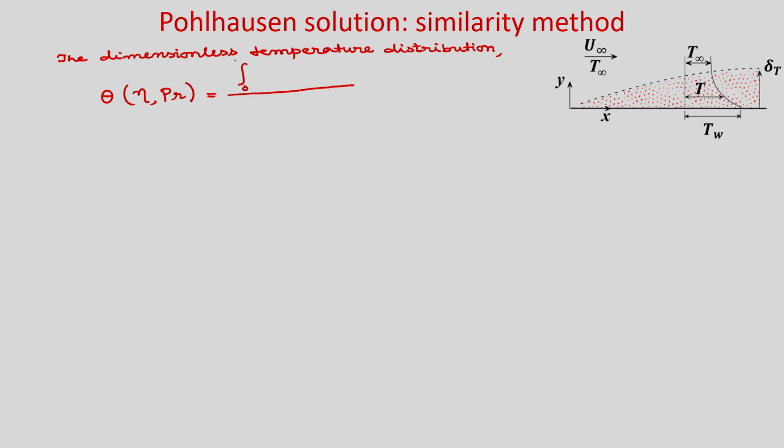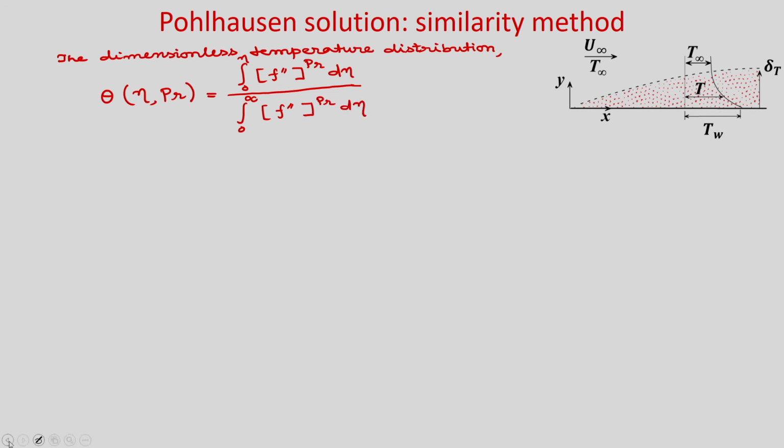integral 0 to eta f double prime to the power Prandtl number d eta divided by integral 0 to infinity f double prime to the power Prandtl number d eta.